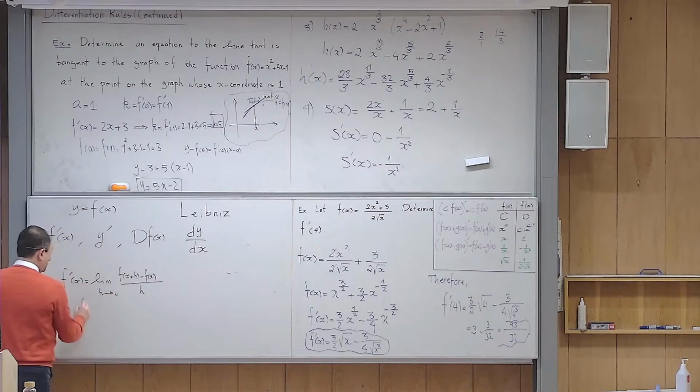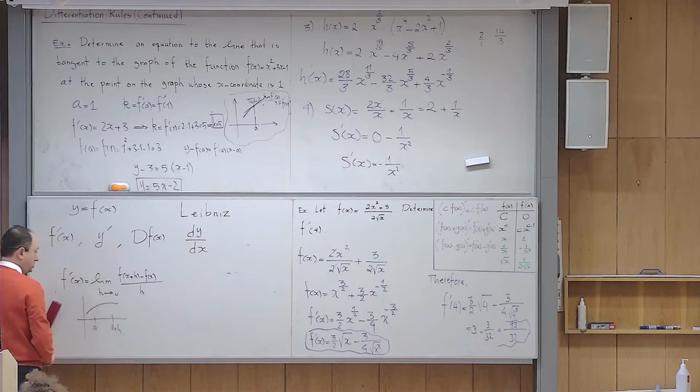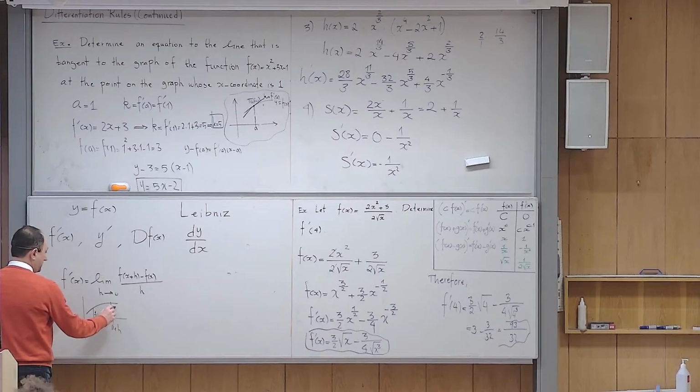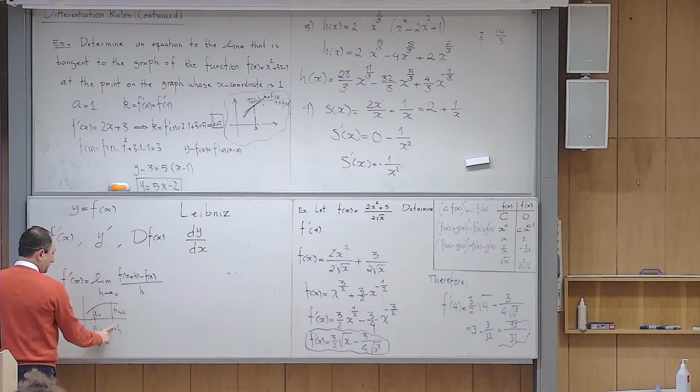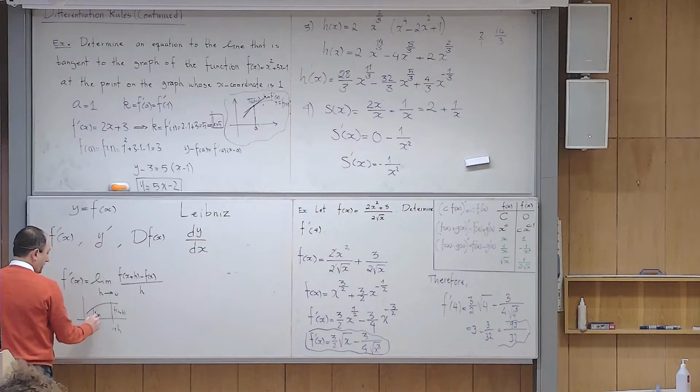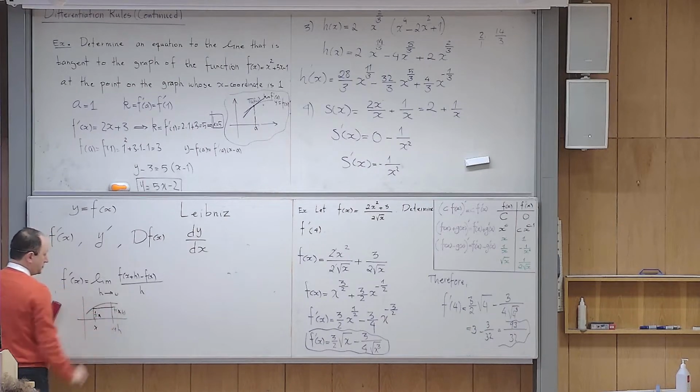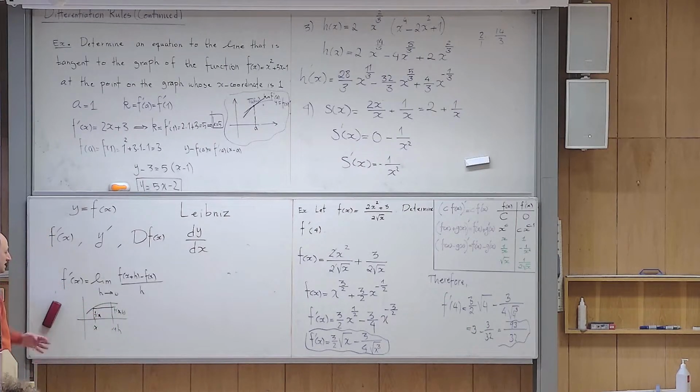Okay, but do you remember what h was? So if a is here, a plus h is here. Do you remember when I was teaching you the notion of the derivative? This length is f of a, this length is f of a plus h. So let me write x here. If I ask you to calculate the difference between these two, you are calculating the difference between these lengths. So this is the change in y coordinate.